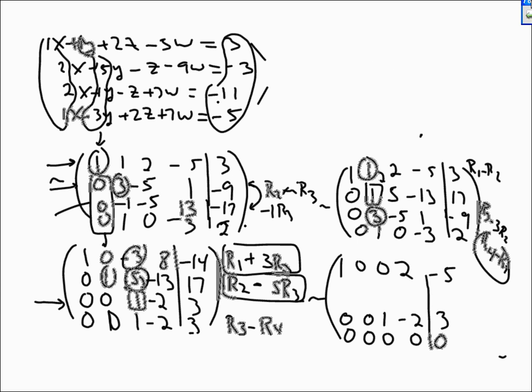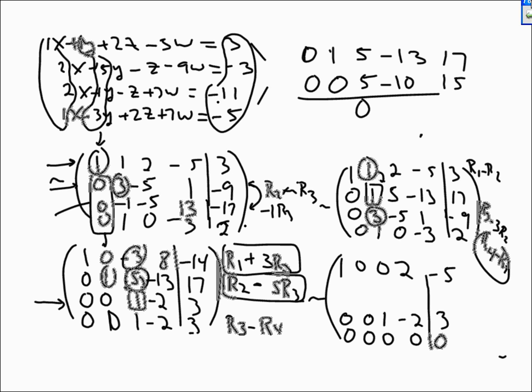Row 2 is 0, 1, 5, negative 13, 17, and 5 row 3s are 0, 0, 5, negative 10, 15. And to kill off those two 5s, subtract. You get this: 0, 1, 0, negative 3, 2.